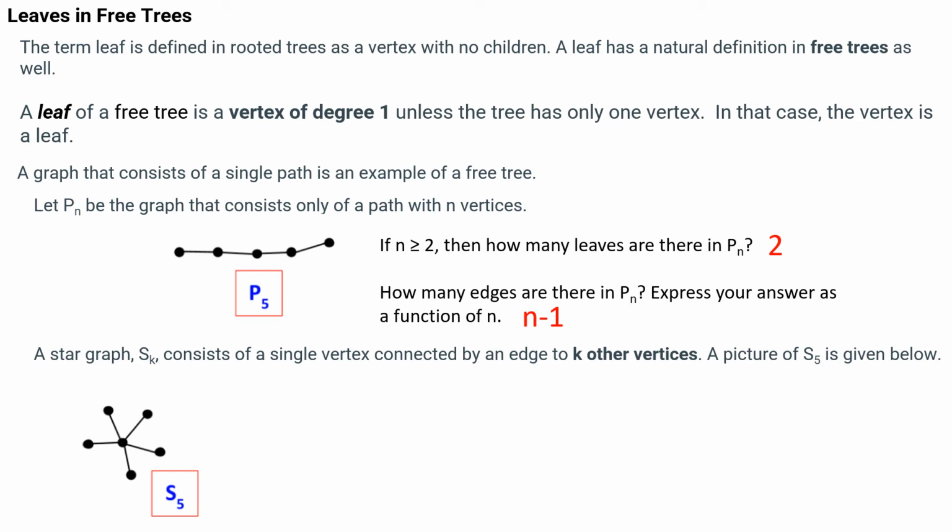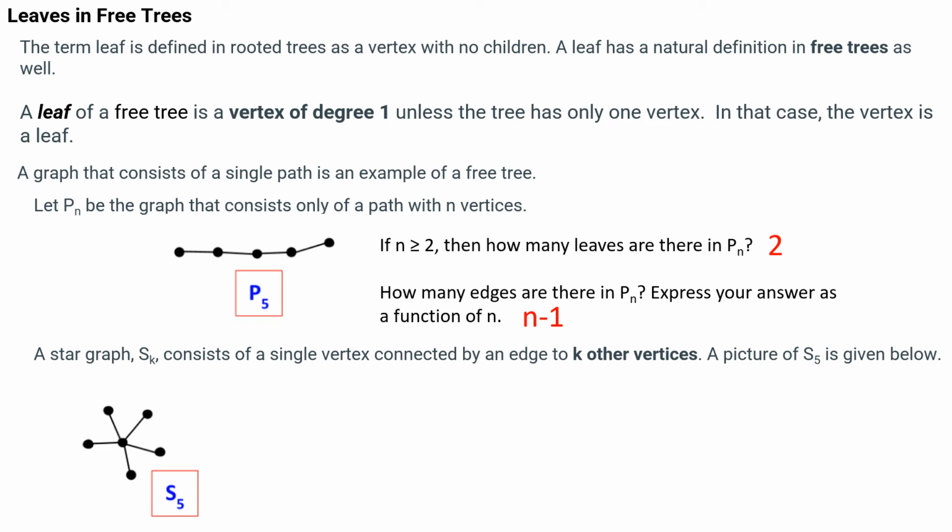So a star graph consists of a single vertex connected by an edge to k other vertices. That's why this graph here is called an S5. It has one vertex in the middle and then edges connecting to 5 other vertices. So when we have an S sub 5, we actually have 6 vertices.